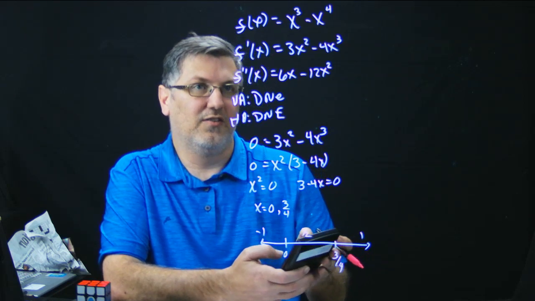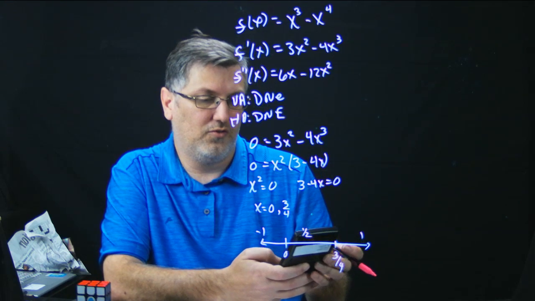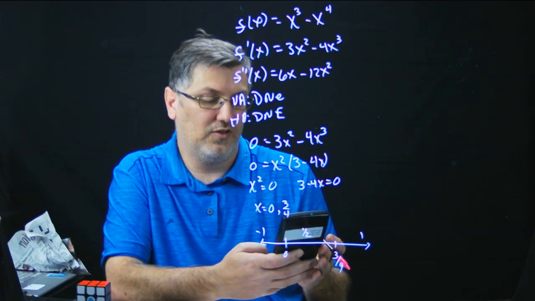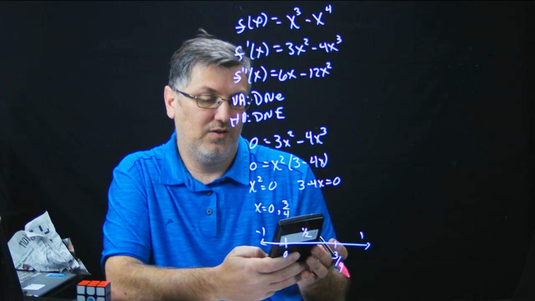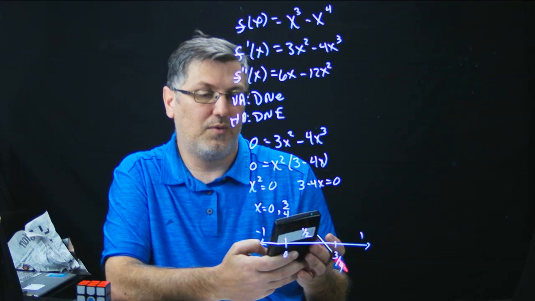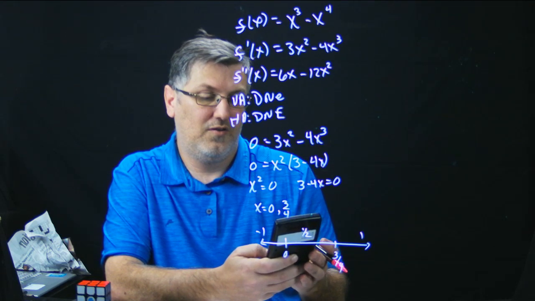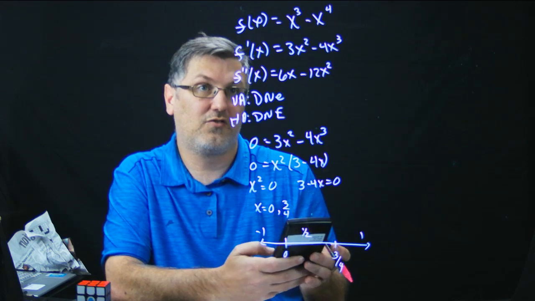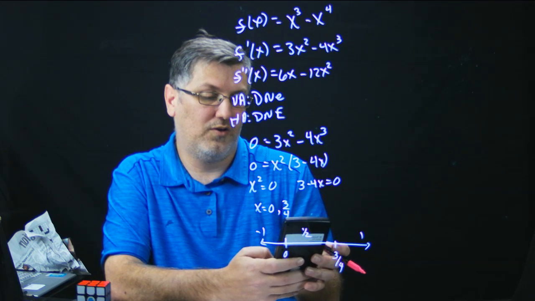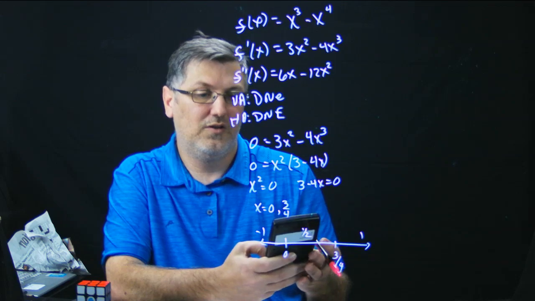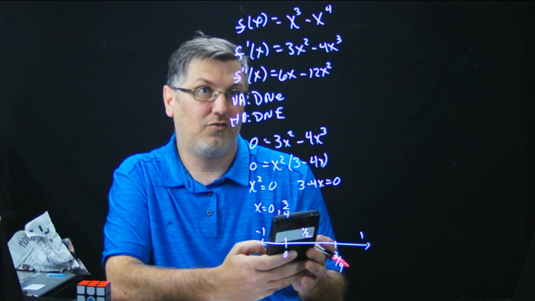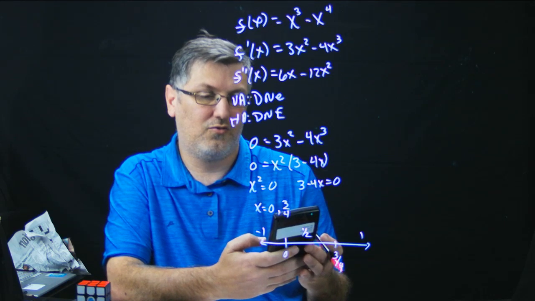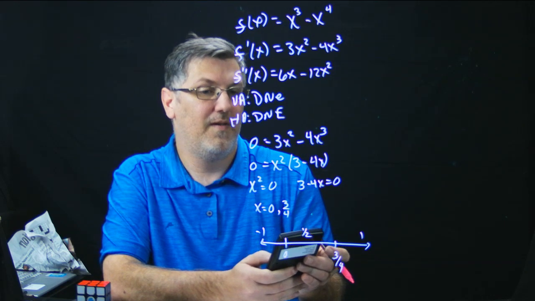I'm not calculating this in my head, so I'm just going to clear everything out. Let me put all these in here. X cubed minus x to the fourth. There's my position function. 3x squared minus 4x cubed. There's my first derivative, and then 6x minus 12x squared. There's my second derivative. Okay.